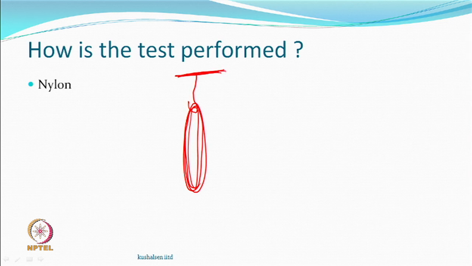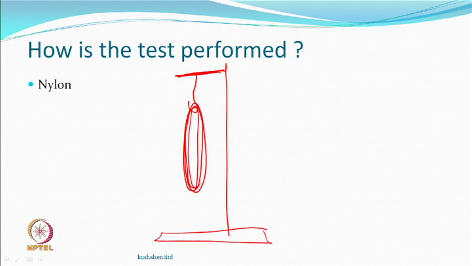So, this could be some stand, all right, on which you can hold the lee, and then you put some weight, initially a light weight of 0.00002 grams per denier.